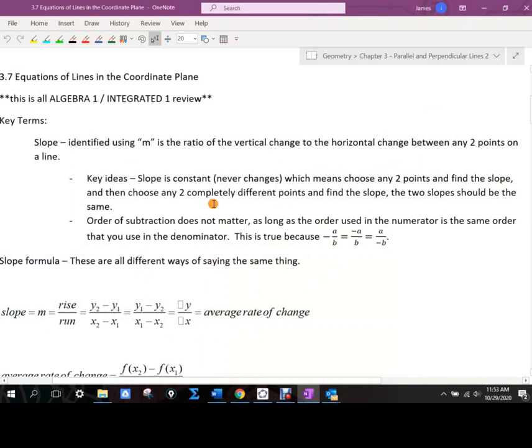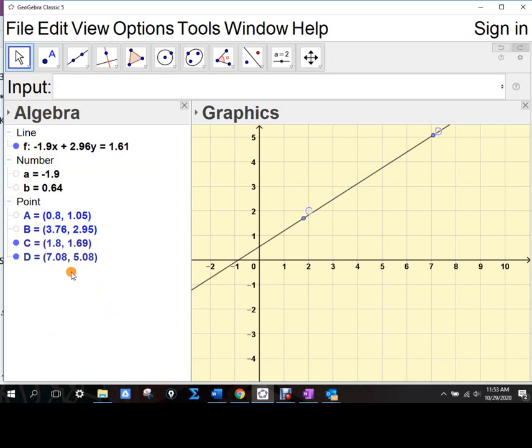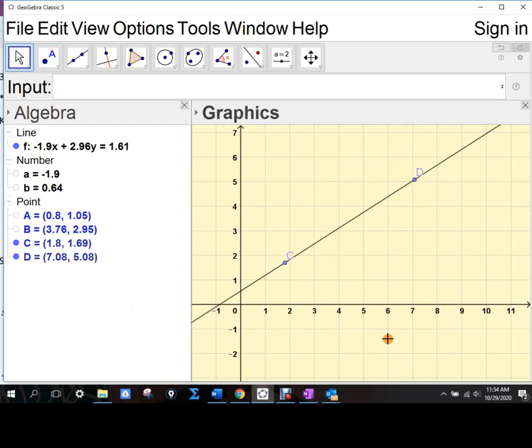Says order of subtraction does not matter. Okay, so the process here doesn't know if I'm going from slope. The way I like to think about it, and some of you said, I was terrible at slope, and usually when we're terrible at something, it's because we don't fully understand the concept, which then inhibits us from doing the operations.